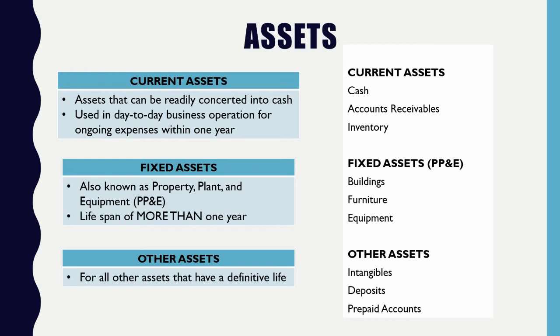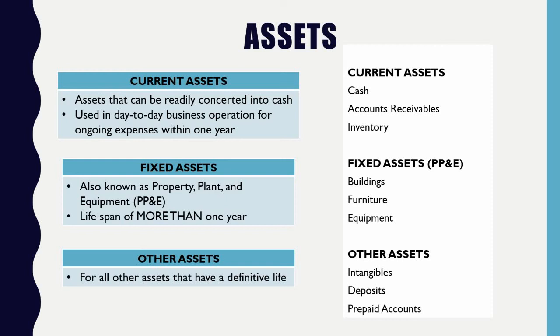All right. And the second and last thing that is another category of assets is going to be other assets. Now, under other assets, it's pretty straightforward. This is typically going to be where your intangible assets are going to be. So an intangible asset is something that you physically can't touch.